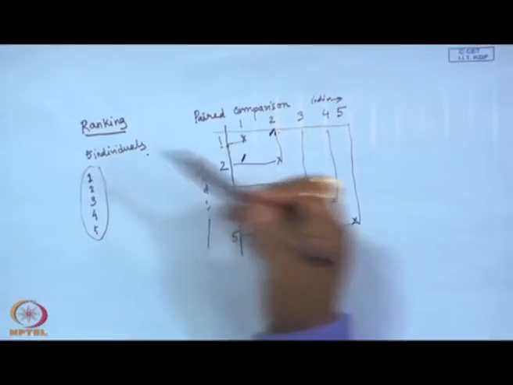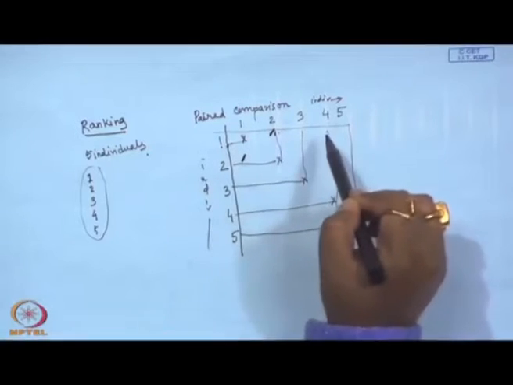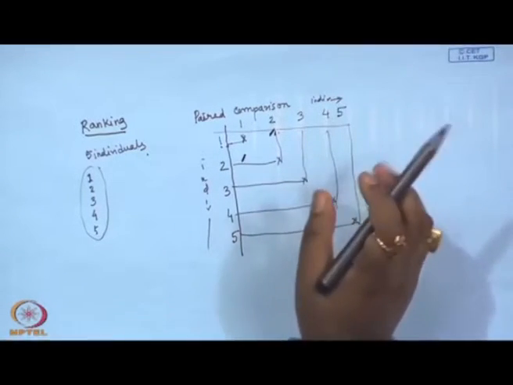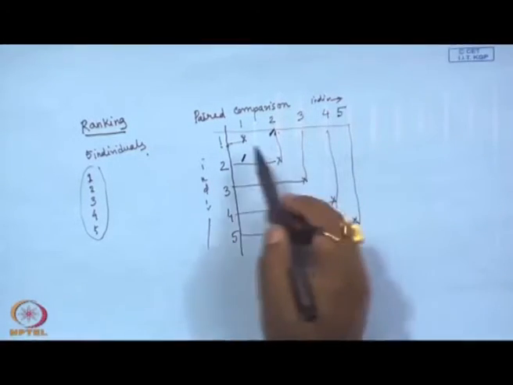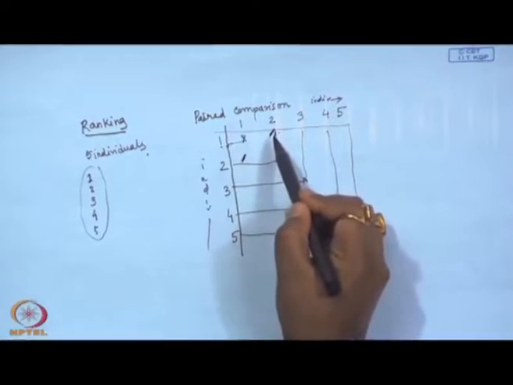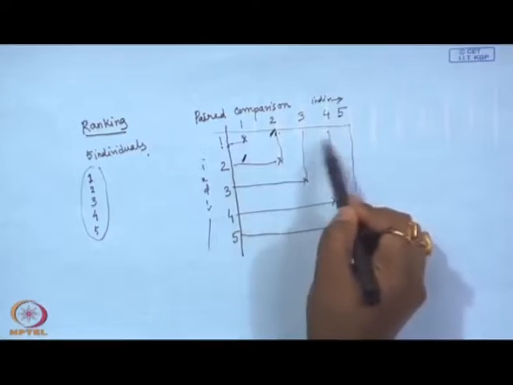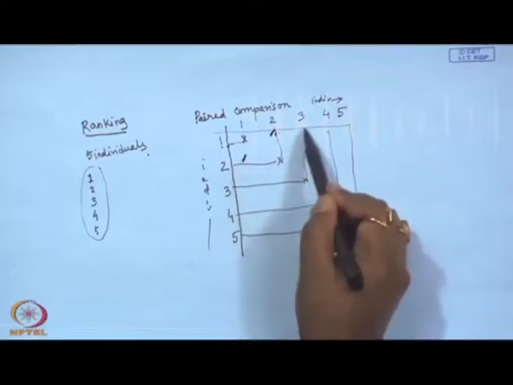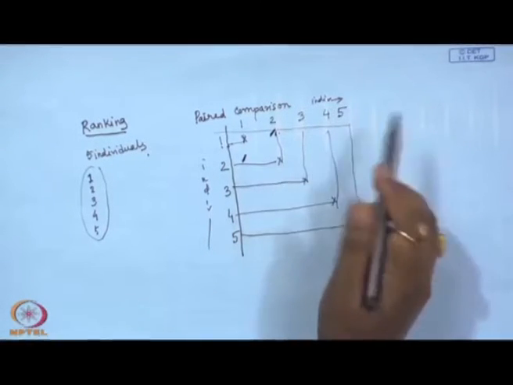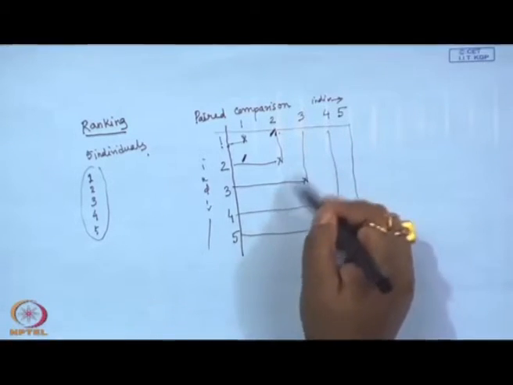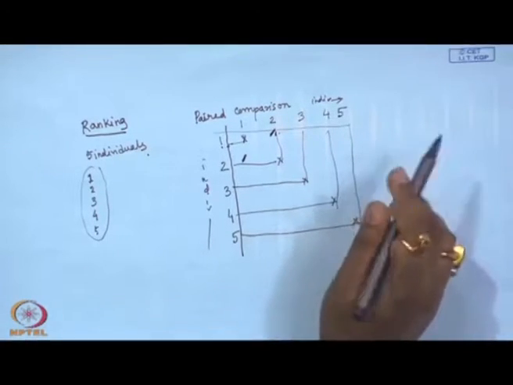So, in this, while taking judgment from n number of individuals about the performance level of 5 individuals in paired comparison, the advantage of paired comparison is that we get to compare each pair separately, like 1 with 2, 1 with 3, 1 with 4, 1 with 5, again 2 with 1, 2 with 3, 2 with 4, 2 with 5, 3 with 1, 3 with 2, 3 with 4 and 5 and so on.